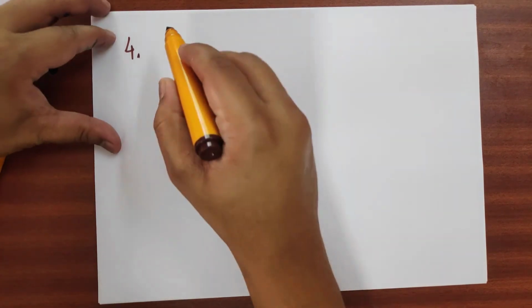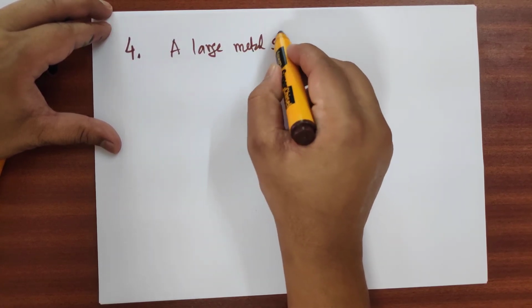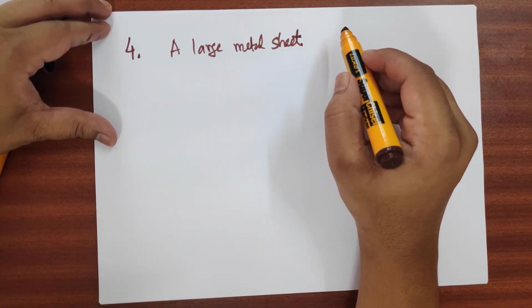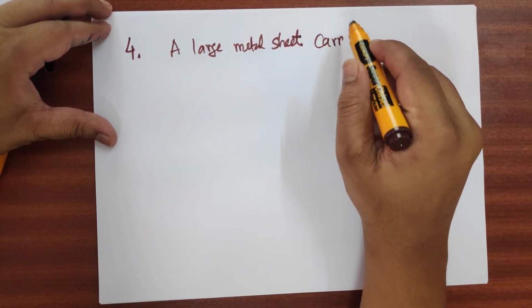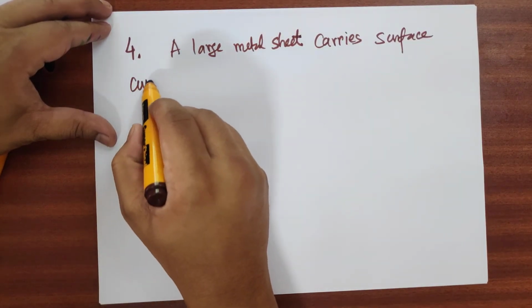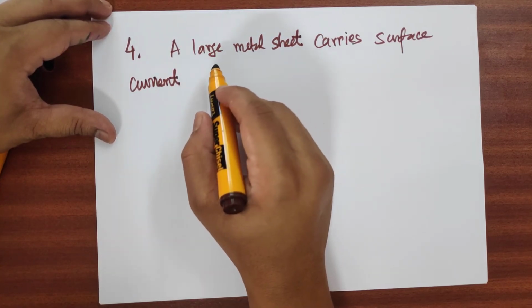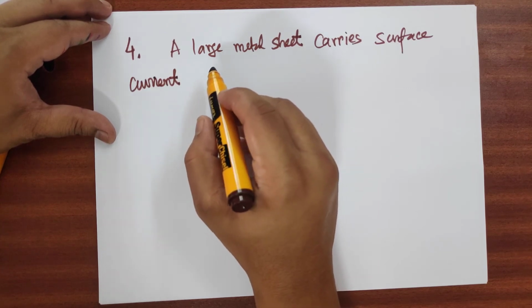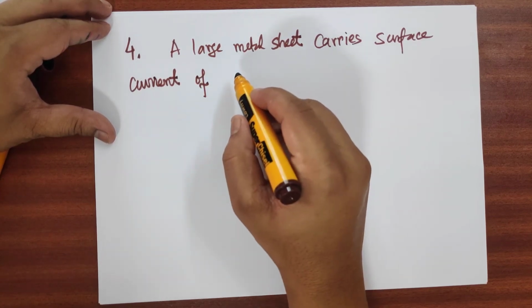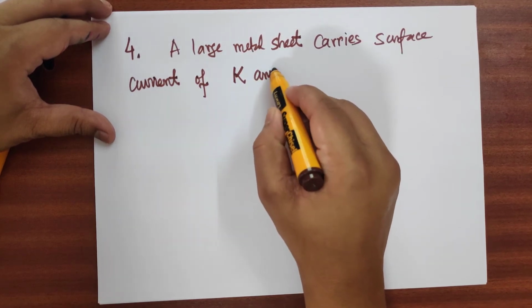A large metal sheet carries surface current of K amperes per unit width.